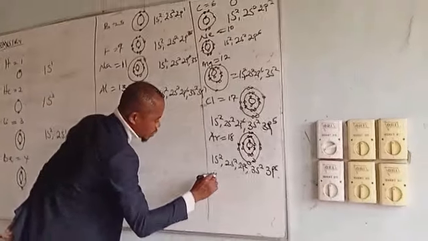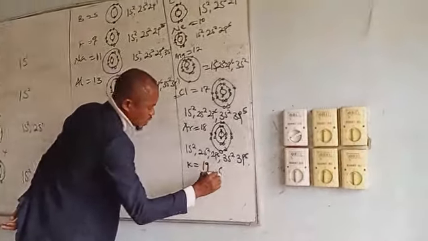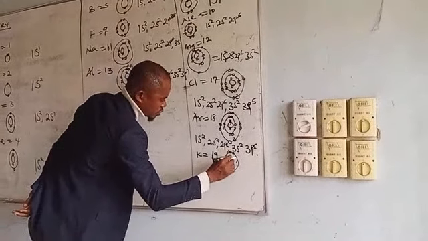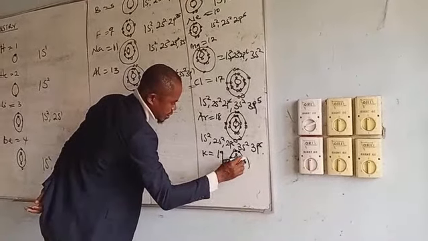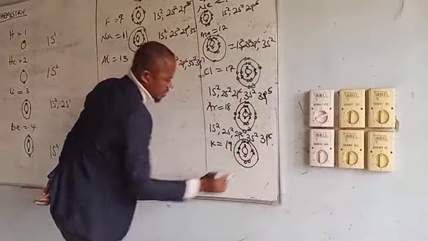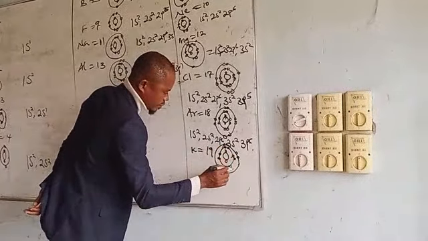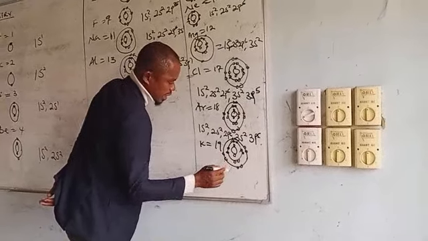We have potassium. Potassium is 19. So we're going to have 1, 2, 1, 2, 3, 4, 5, 6, 7, 8. That is 10. Then 1, 2, 3, 4, 5, 6, 7, 8. That is 18.